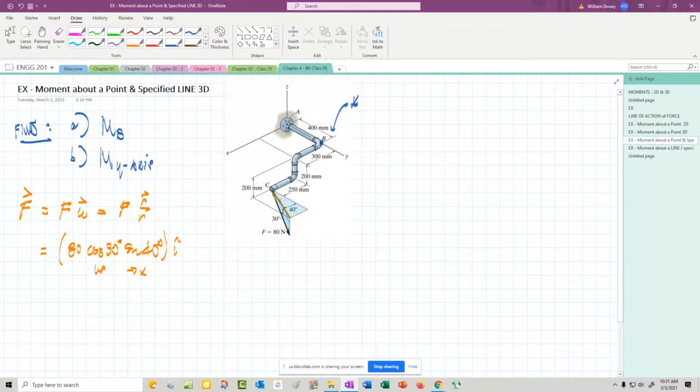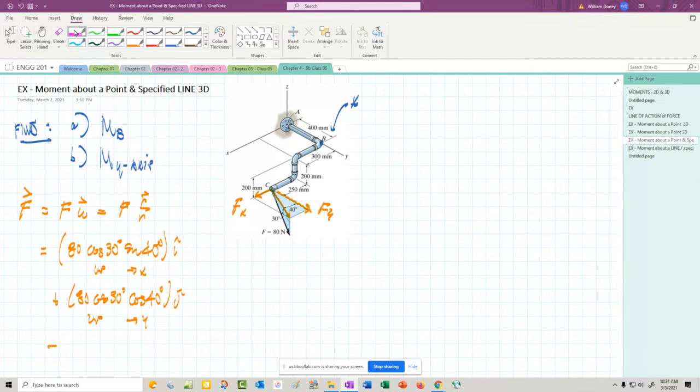Cosine 30 again brings it up into this XY plane right along that component right there in orange, and then we push it over to find that component. That's the force in the X. Force in the Y is going to be right here. That's going to be plus 80 cosine of 30, still bringing it up, cosine of 40 brings it over to the Y, and that'll be our J direction.